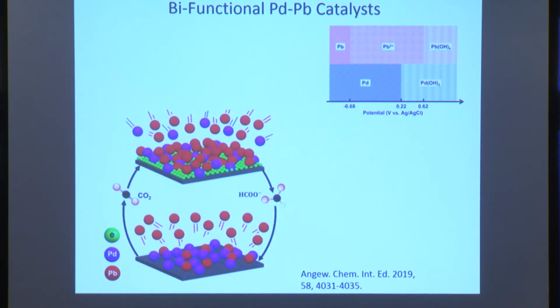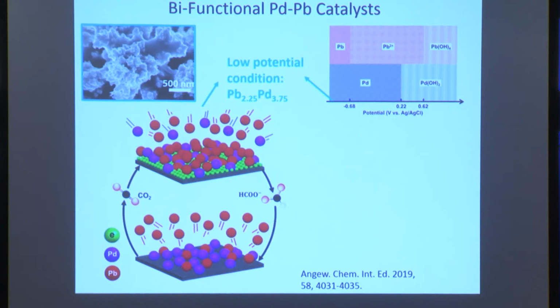Okay, so in this system, we have lead and palladium, two metal atoms on one electrode, and depending on the potential, we get different compositions. So if we operate at this negative potential, then based on the Pourbaix diagram, both metals are in the metallic state, so the surface has quite a lot of lead and a lot of palladium, and that catalyst can selectively reduce carbon dioxide to formate or formic acid.